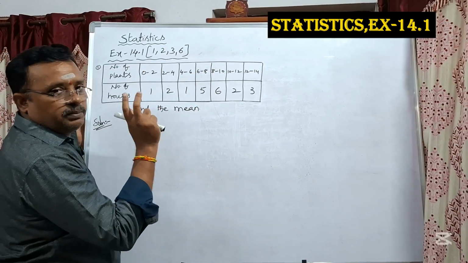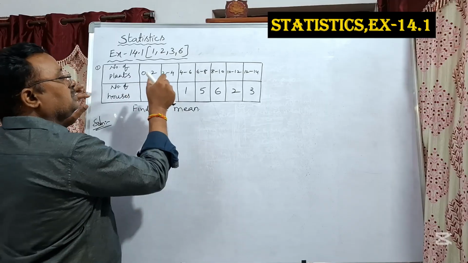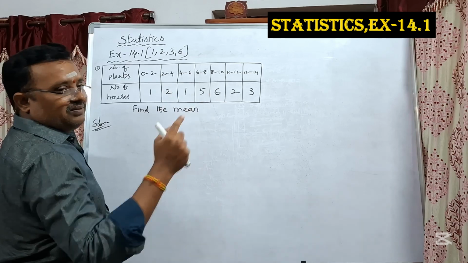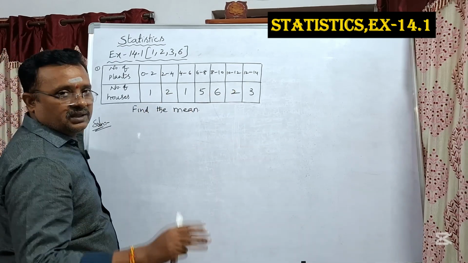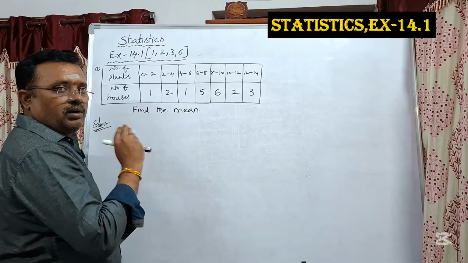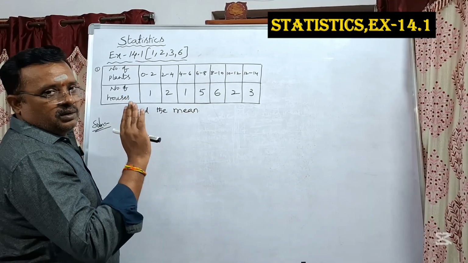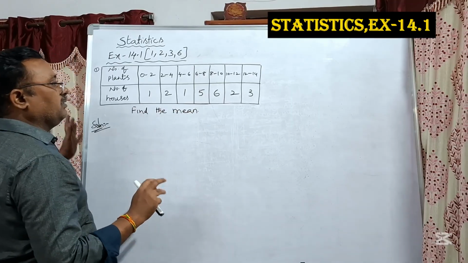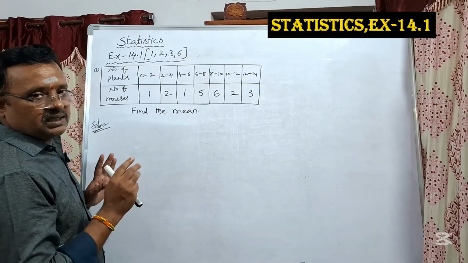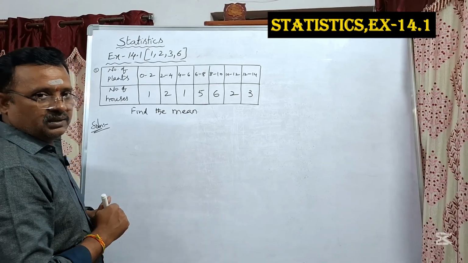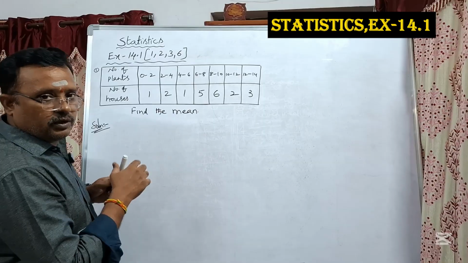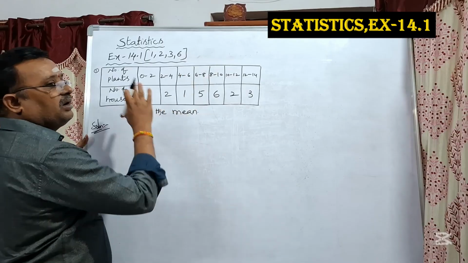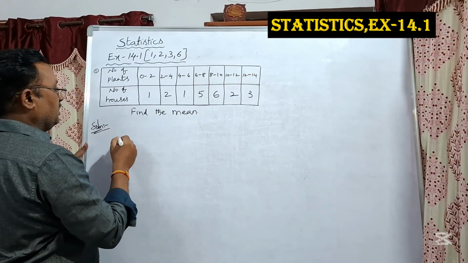Observe the table properly: the grouped things are called class intervals, and these are called frequencies. Remember this for all the exercise problems 14.1, 14.2, 14.3, 14.4. Now how to find the mean? Firstly I am going to apply the direct method. The process is very simple. Convert this horizontal table into a vertical one like this.